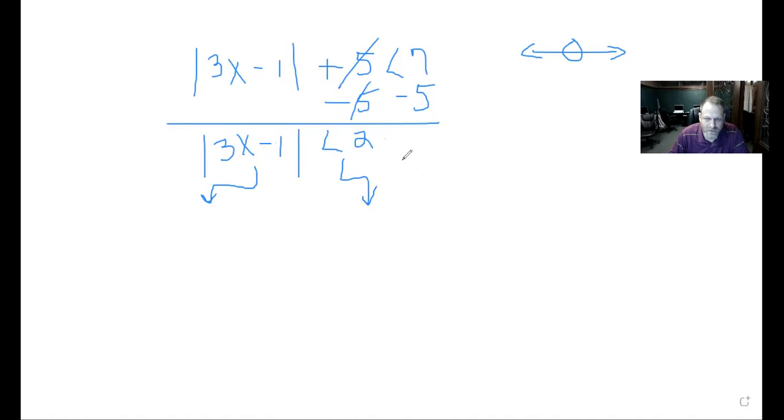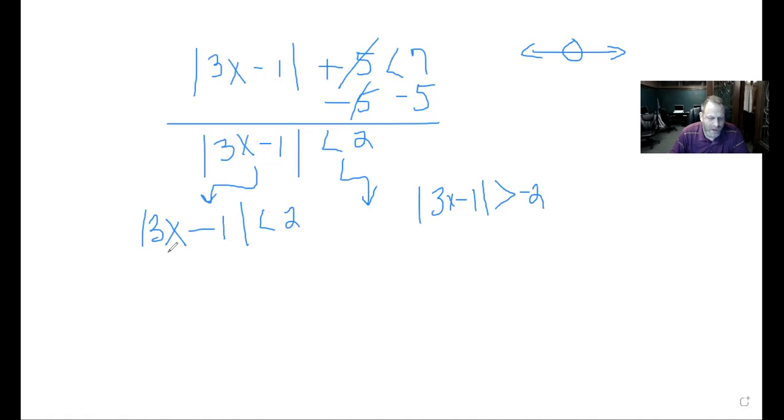All right, so let's do 3x minus 1 is less than 2, and then we're going to do 3x minus 1. Now remember, guys, you have to flip the sign. You have to flip the sign because this is going to be the negative 2, right? So flip that sign.